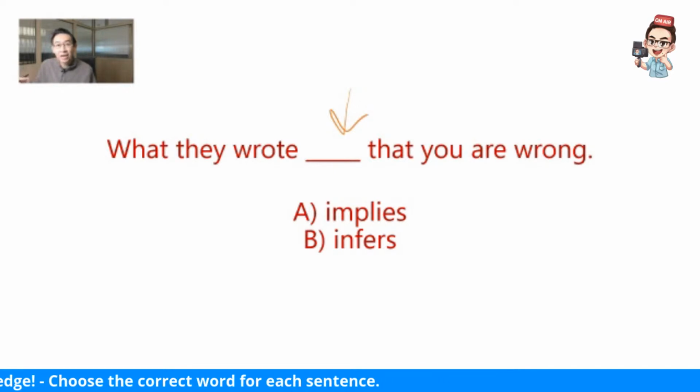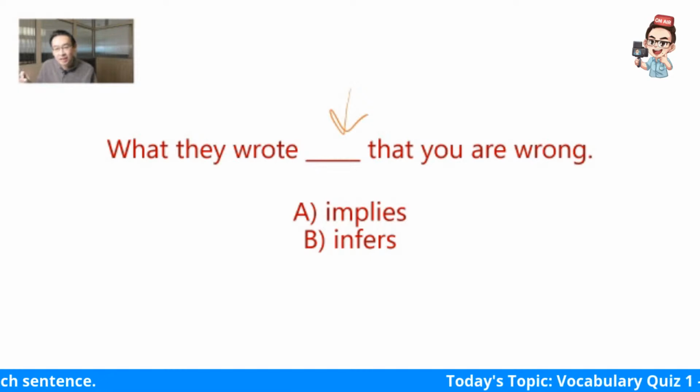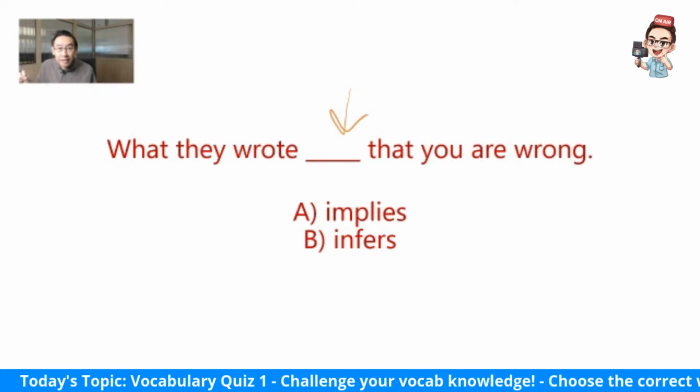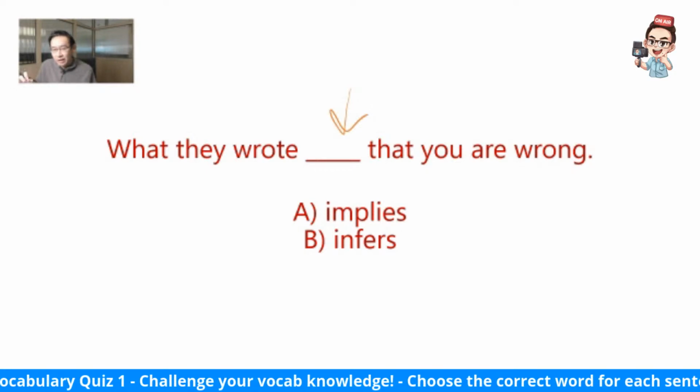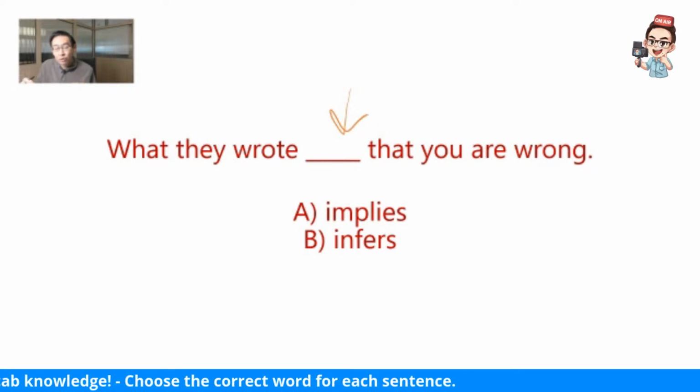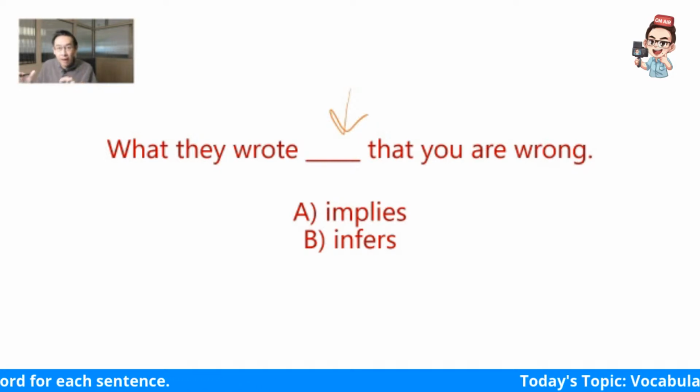Do you think A or B? Okay, I'll give you some time to read the sentence and decide. As you can see, the words here are quite similar. That's why I want to practice this with you so that you'll be able to differentiate these pairs of words correctly.